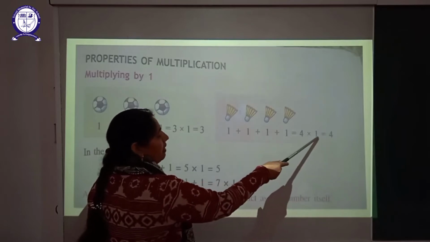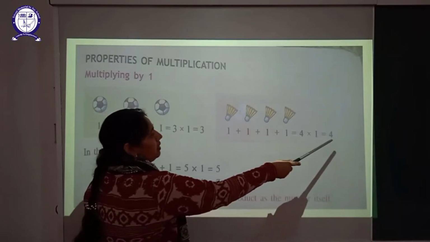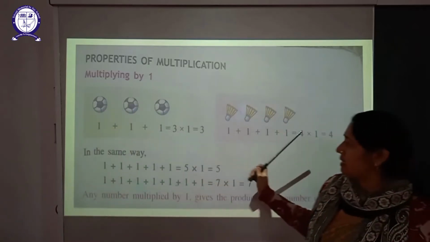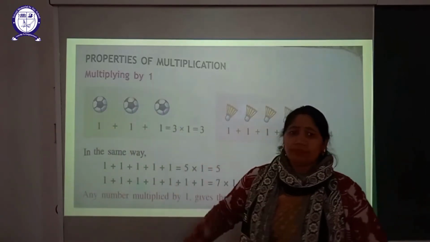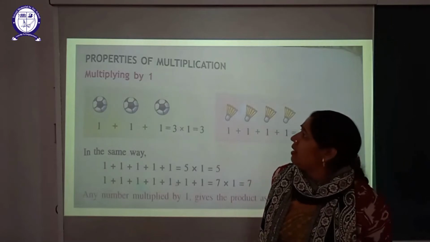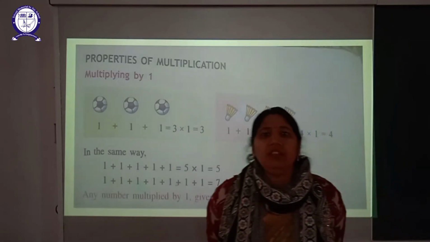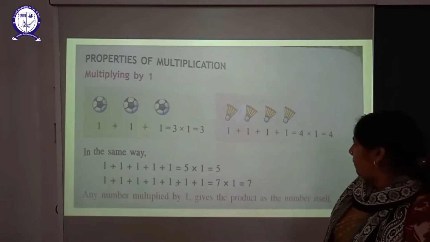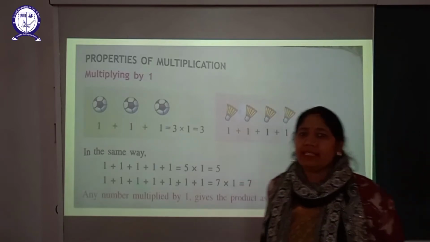So when we multiply any number by 1, the product is the number itself. With these 2 examples, the property of multiplying by 1 is completed. It is clear that any number multiplied by 1 gives the product as the number itself.